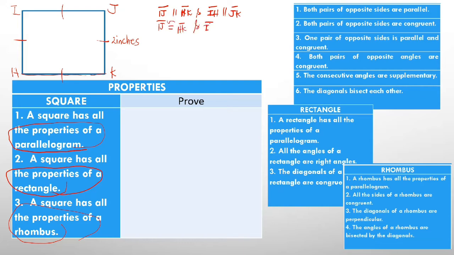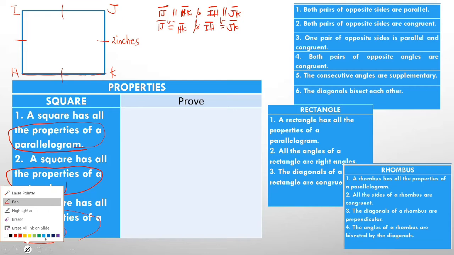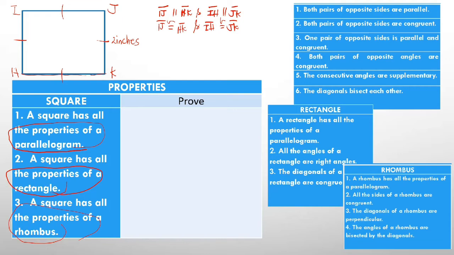Now, let's proceed with our next property, which is that one pair of opposite sides is parallel and congruent. If we take one pair, let's say IH and JK, IH and JK are parallel as we have proven in the first property, and they are also congruent, IH is congruent to JK, because of our second property.